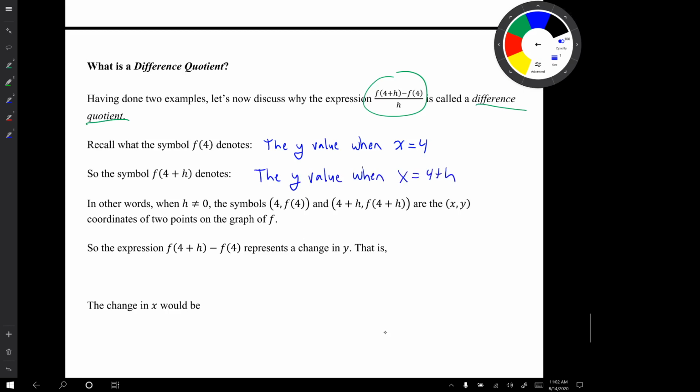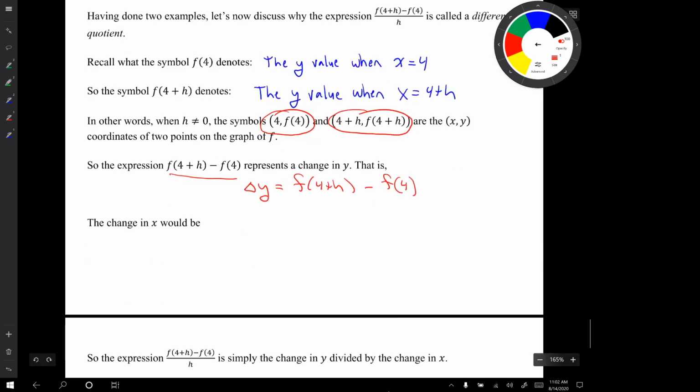These two expressions, (4, f of 4) and (4 plus h, f of 4 plus h), are the xy coordinates of 2 points on the graph of f. So the expression f of 4 plus h minus f of 4 represents a change in y.